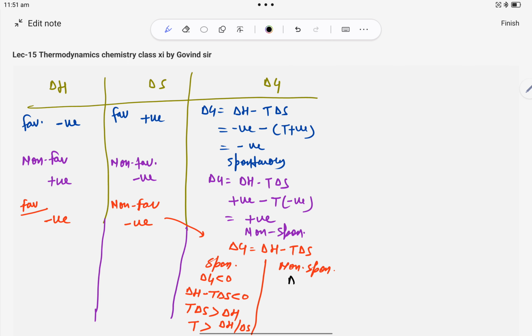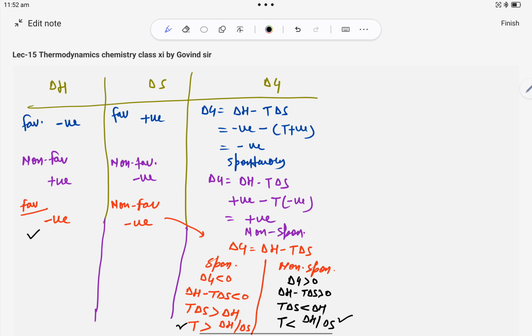For a non-spontaneous process, delta G is greater than 0. So these are the two conditions.